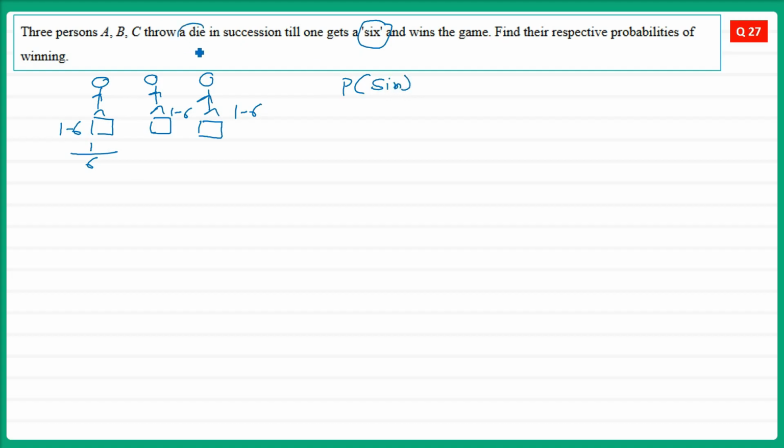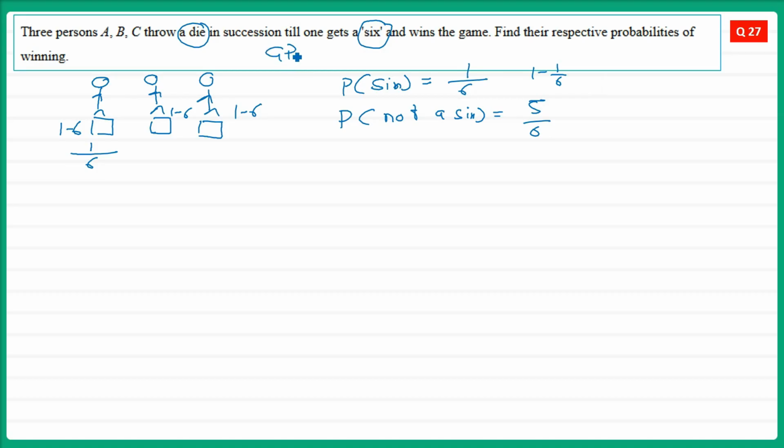So you can just call it the probability of getting a 6, which is true for all of them, A, B, C. So the probability of getting a 6 is 1 by 6. And the probability of not getting a 6, that is 1, 2, 3, 4, 5 appearing, is simply 1 minus 1 by 6. So this is going to be 5 by 6. And this is what we are going to use a lot in this question. So please understand these 2 probabilities.